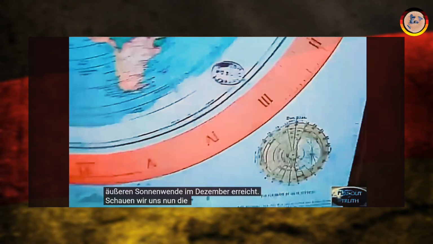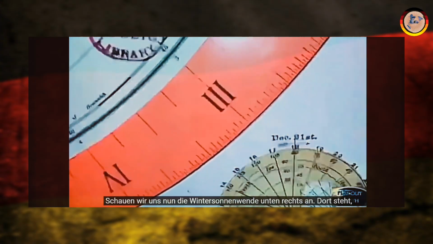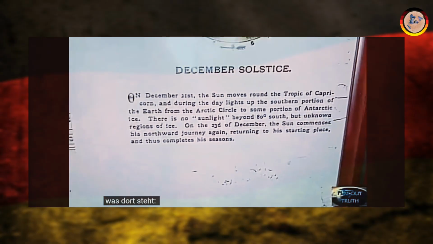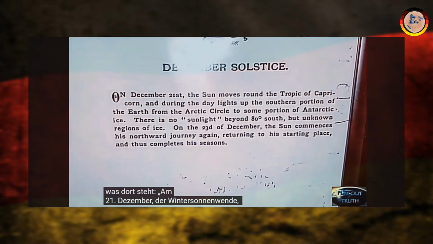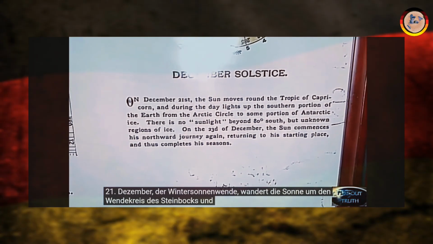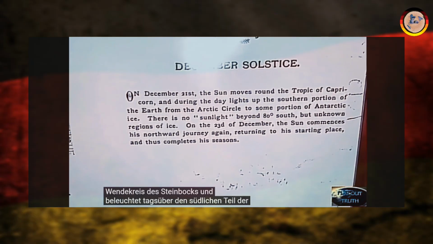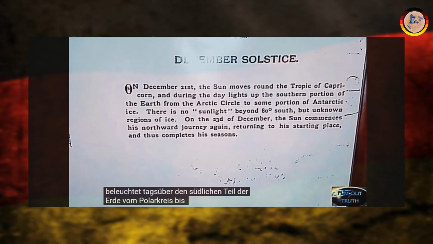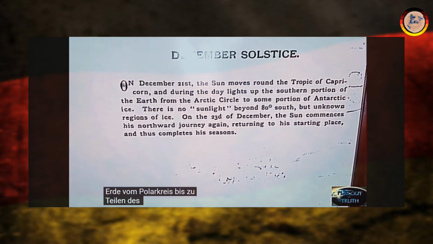Now let's look over here in the bottom right corner at the winter solstice and see what it says. Okay, December solstice. "On December 21st, the sun moves around the Tropic of Capricorn, and during the day lights up the southern portion of the Earth from the Arctic Circle to some portions of Antarctic ice.